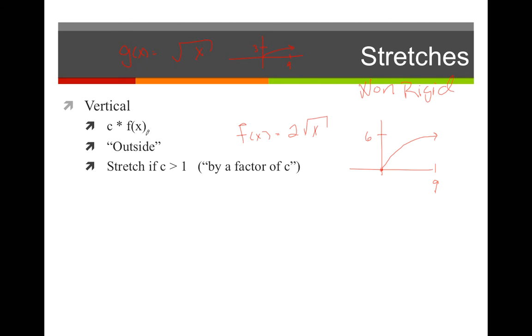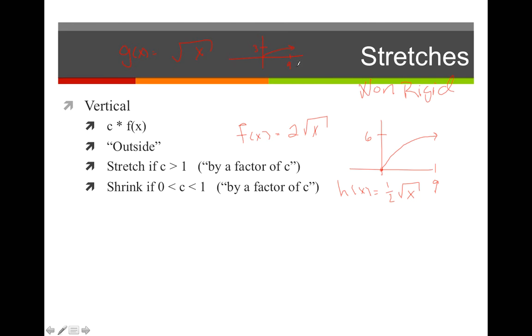If you notice here that it's a stretch if c is bigger than 1, it's a shrink if c is some fraction. So if c is between 0 and 1, let's call this h of x, if I wanted to do 1/2 of the square root of x, it doesn't stretch, it doesn't get bigger, it gets smaller.